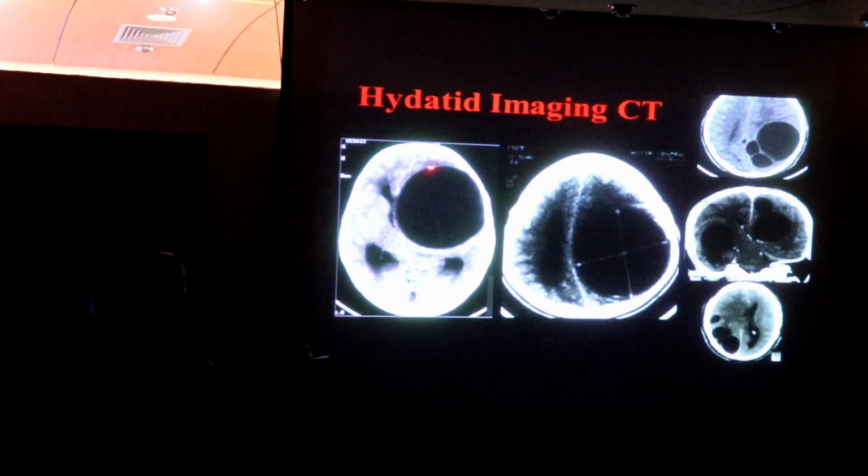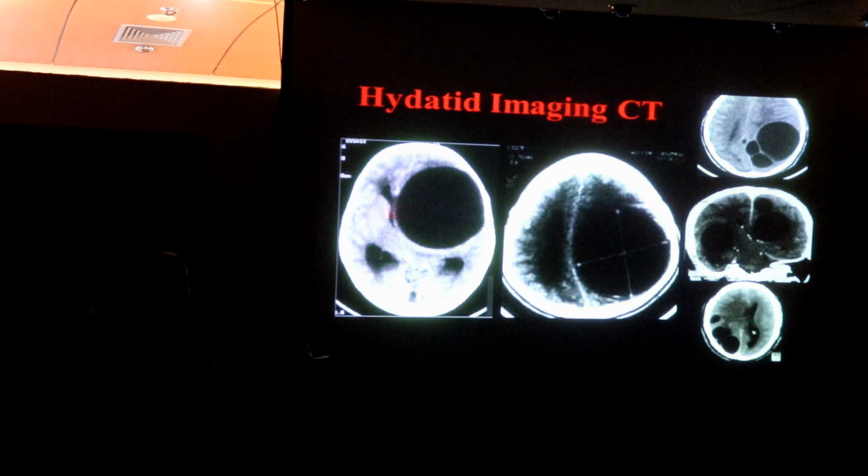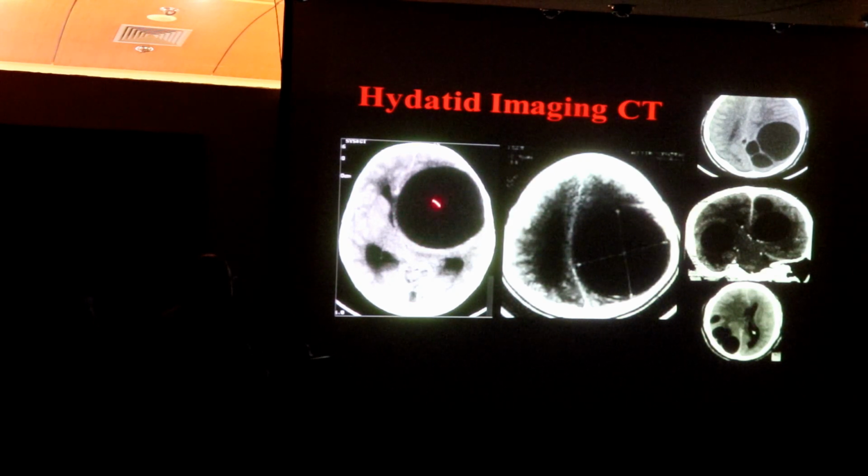This is T1 weighted post-contrast. This is a CT scan, a hypodense lesion causing mass effect on the lateral ventricle, shifting midline structures, obstructive in the right lateral ventricle.